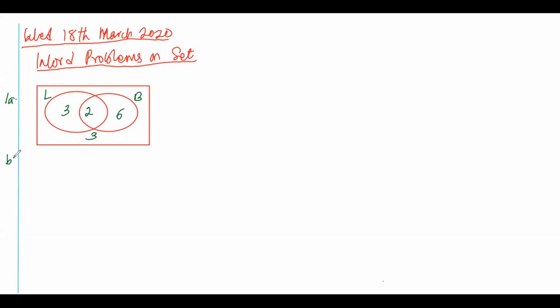B, find the value of the number of curvies that do not have long hair. That do not have long hair. Can you tell me that in set notation? L prime. And we can get the cardinality of L prime by considering the cardinality of the universal set minus the cardinality of what?